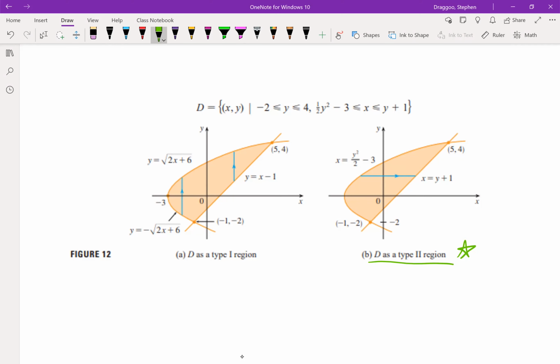Because if we stick with type 2, there is just a single right bound and a single left bound. If we look at this line and this curve right here, meaning if it's type 2, it's quite easy. If we try to do this as a type 1 region, our lower bound is going to change partway through.